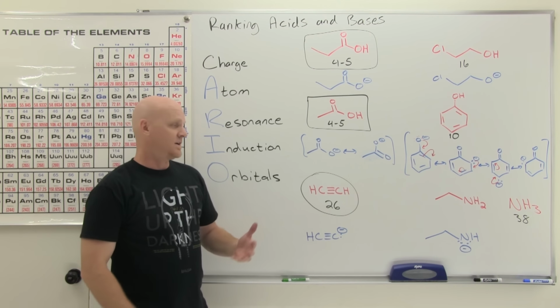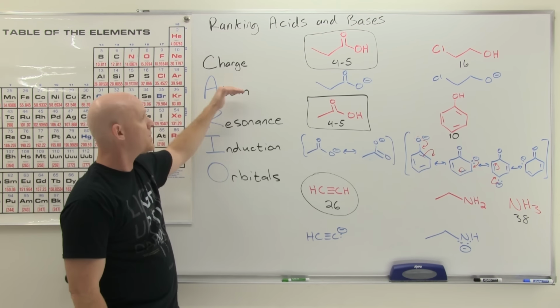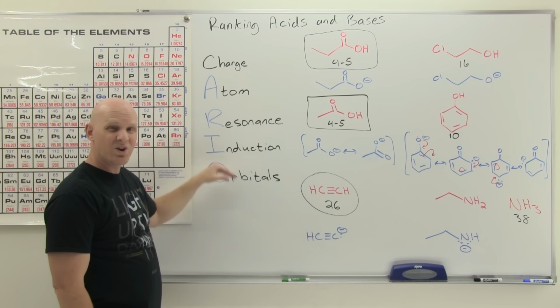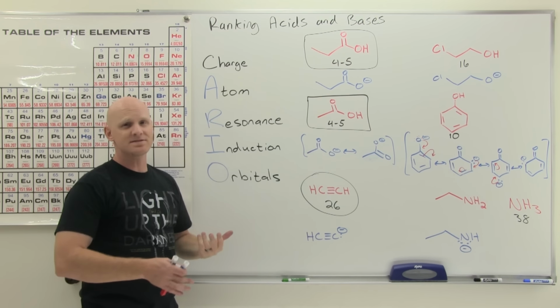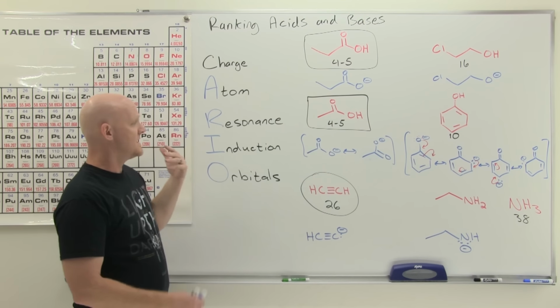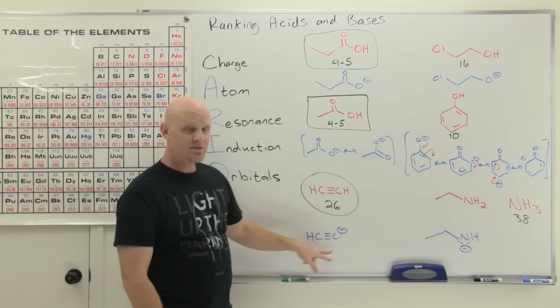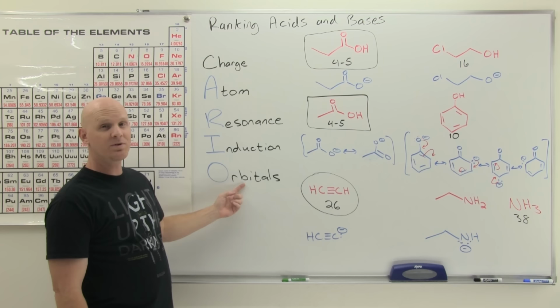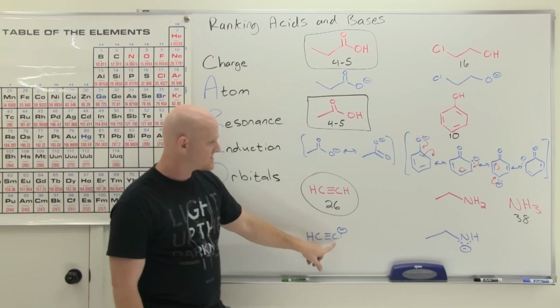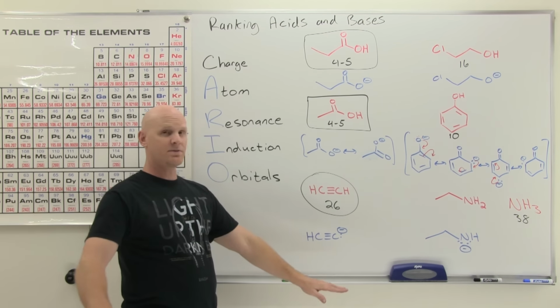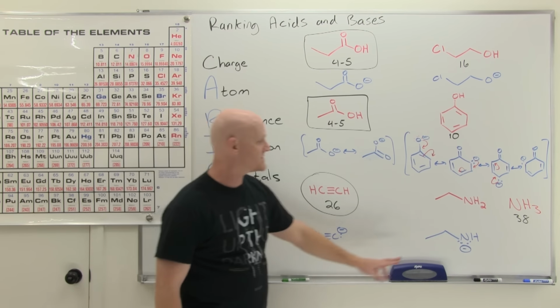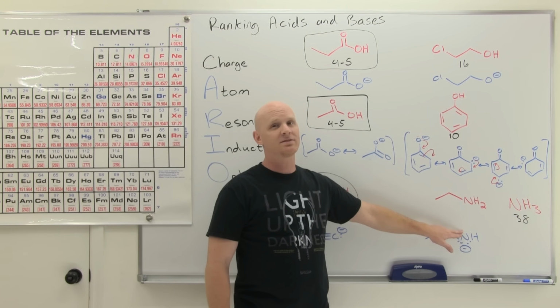So what's going on here? Well, it turns out this is usually the order of priority as far as what distinguishes two bases and comparing them in order of importance. However, there are two differences here. It is a difference in atom, but it's also a difference in hybridization of the orbitals. So it's not just comparing carbon to nitrogen, and that's the only difference. It's an sp hybridized carbon versus an sp3 hybridized nitrogen.